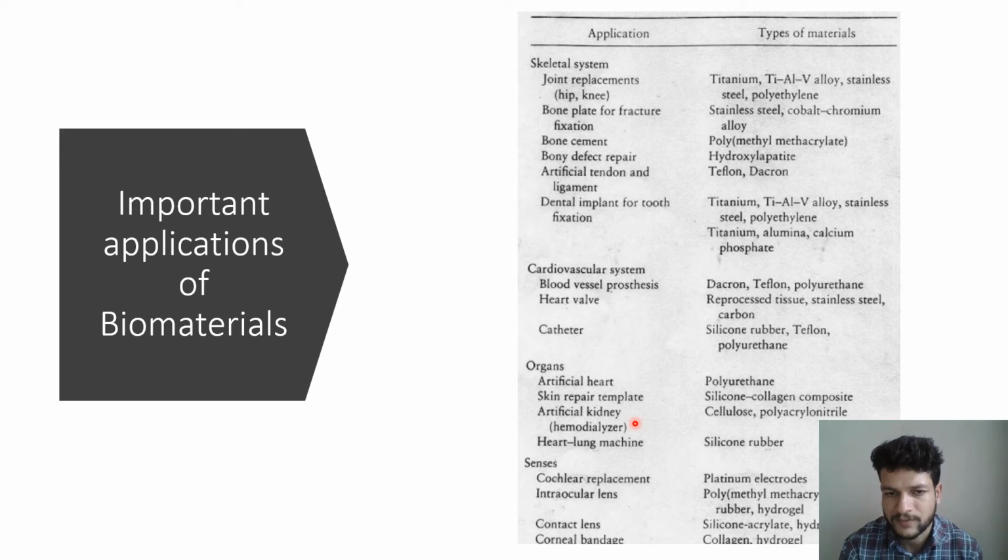For the artificial kidney or hemodialyzer, cellulose and polyacrylonitrile are used. In the heart-lung machine, silicone rubber is used. For different sensors, for example intraocular lenses or contact lenses, polymethyl methacrylate, silicone rubber, or silicone acrylate are used to make these implants or lenses.